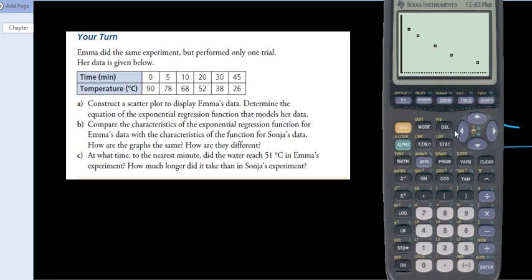Do you remember how to do that? We'll see if you remember how to do that. Go ahead and try it on your own. And like I say, I'll show it to you again afterwards if you're stuck.